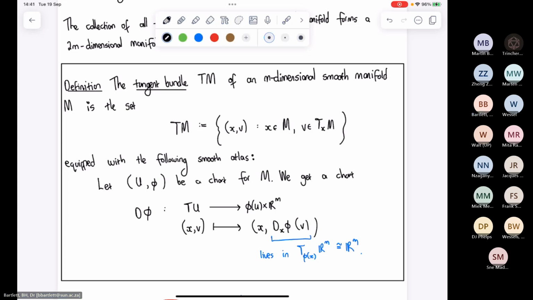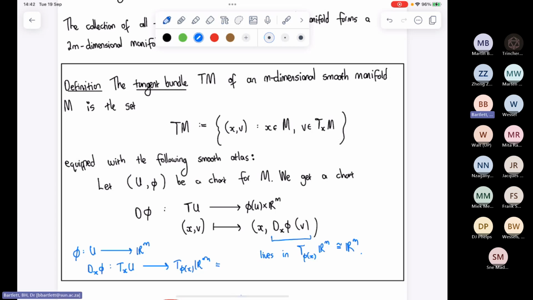Remember that phi is a map from U into Rm. So that means that at each x in U, I've got the derivative of phi, which is going to be a map from the tangent space of U at x to the tangent space of Rm at phi of x.